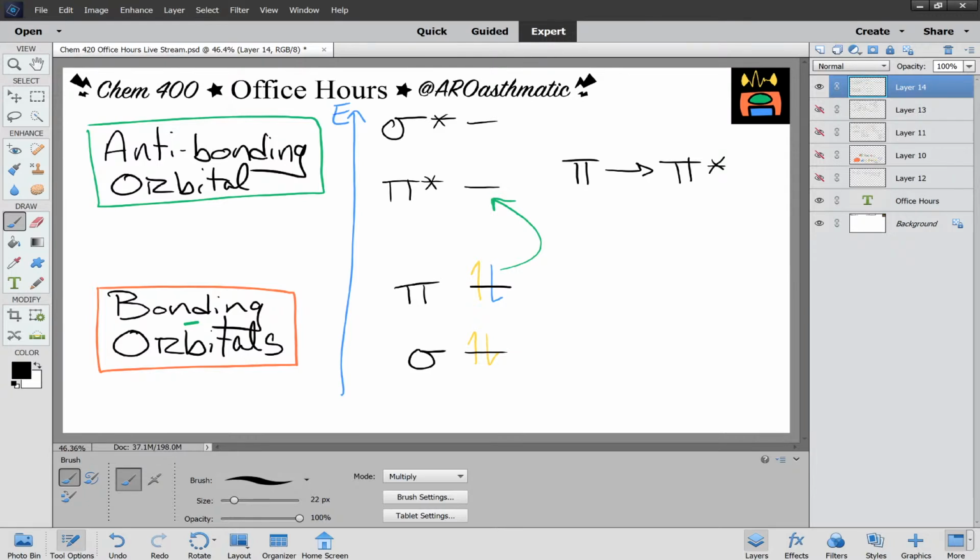It's just that instead of looking at one single atom, we're looking at a molecule. Certain molecules can absorb ultraviolet or visible light, and when that energy is absorbed, it promotes an electron from a lower energy bonding orbital like pi up into a pi star. Then that electron jumps back down and releases that energy.